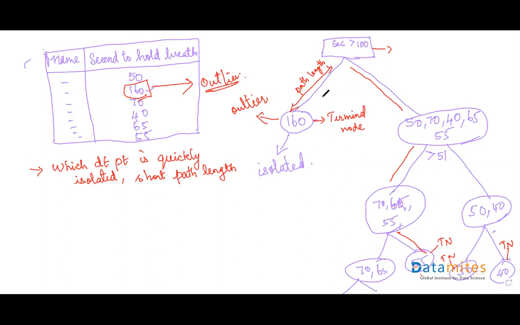Whichever has the short path length will be an outlier. So an outlier will always be quickly isolated. This algorithm is very easy to use, and it easily identifies the outliers. So, understood till here how this isolation forest works?